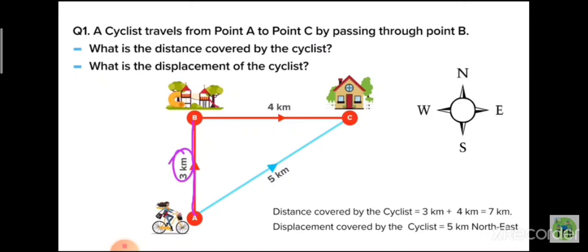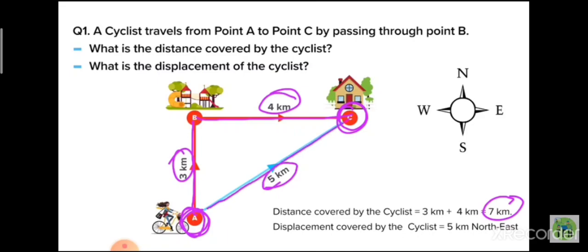So from point A to B it is 3 kilometers. From point B to C it is 4 kilometers. From A to B and B to C is 3 kilometer plus 4 kilometer is equal to 7 kilometer. Now we'll see the displacement. Displacement is from A to C, that is 5 kilometer.